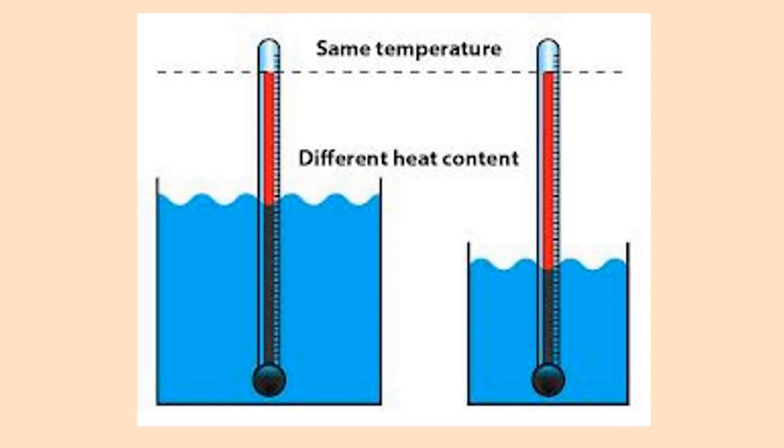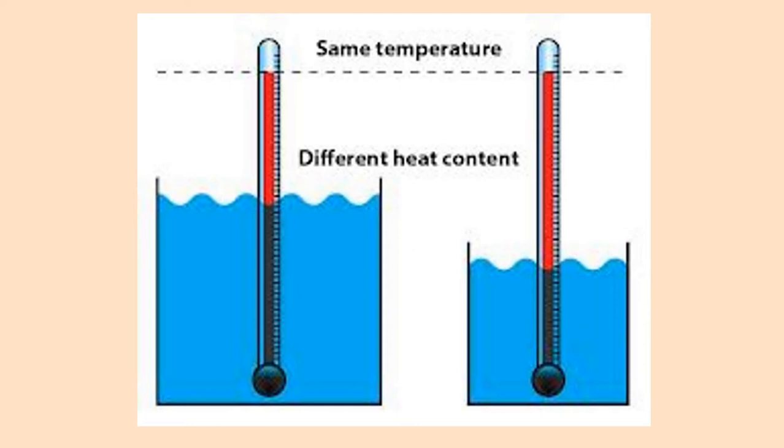For example, if we look at these two diagrams, both beakers of water are at the same temperature, whatever that temperature may be. We can see that by the thermometers. However, the larger beaker will have a higher thermal energy store than the smaller beaker, because each particle must be moving at a certain speed to get the same temperature.